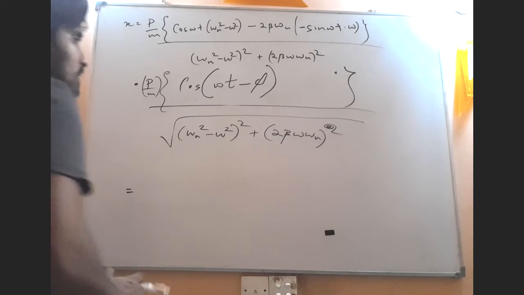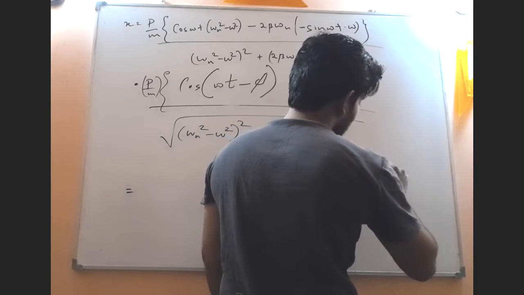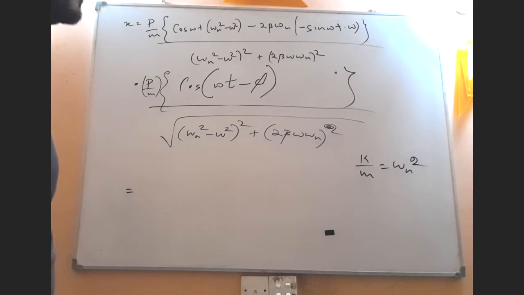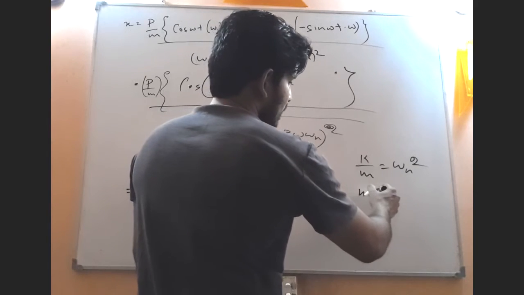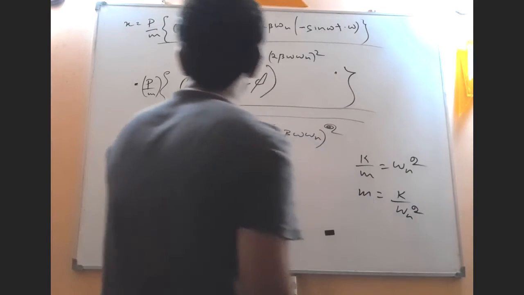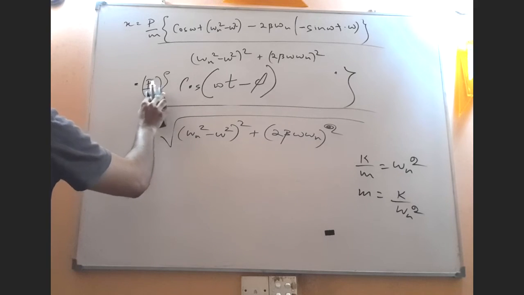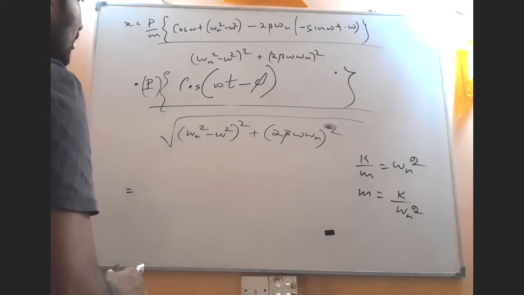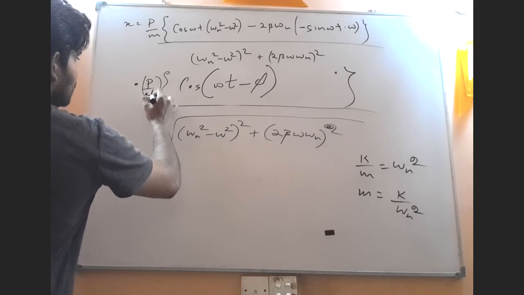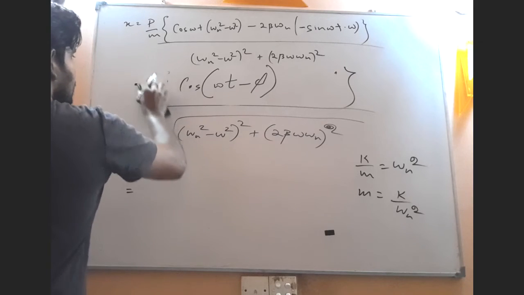Right, so now you have to be a bit careful in this part. Also you know that k divided by m equals omega n squared. So that means what is m? m equals k divided by omega n squared, right? So this m also you can replace, here you have p divided by m, so that you can replace by k divided by omega n squared, right? I will write that again if it's not clear.